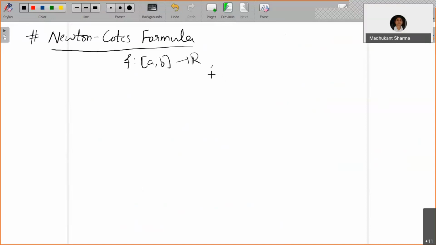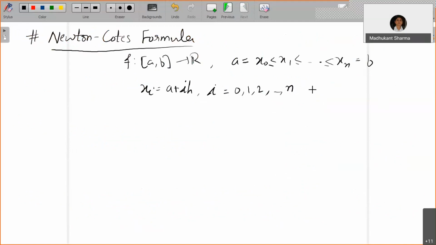And you have the partition with equispaced points x0 less than x1 less than or equal to, and so on, less than or equal to xn equals b. And you have xi equals a plus ih with i equals 0, 1, 2, and so on up to n, and h equals (b minus a) by n.